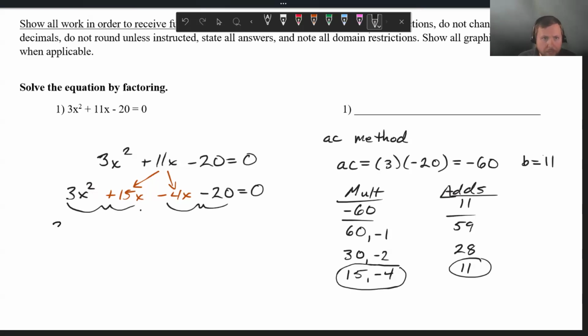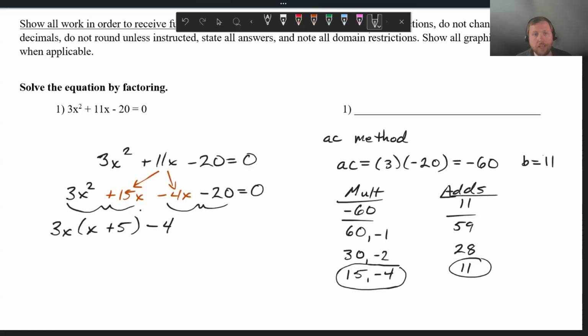So the greatest common factor for the first group is 3x. And when I factor that out of the first two terms, I'm left with x plus 5. The second two terms have a common factor of 4. Now, if that leading term is negative, you want to bring the negative with it.